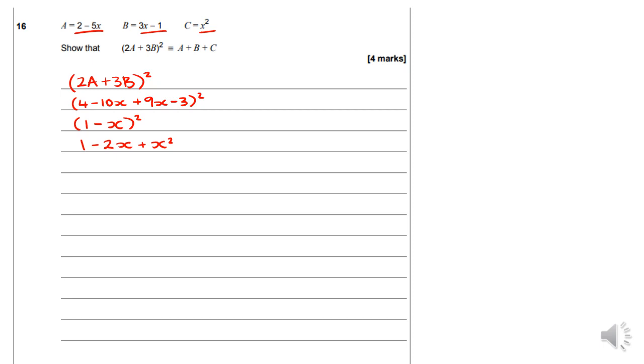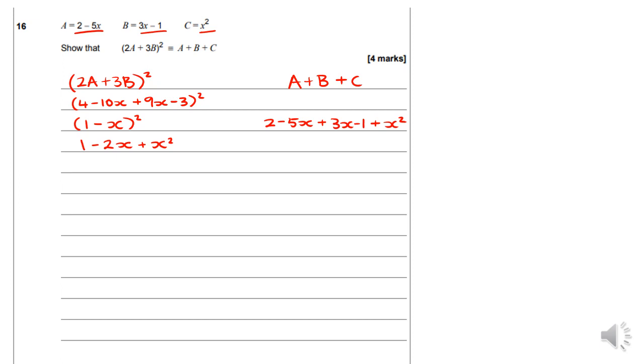Now I'm going to over here try and figure out what A plus B plus C would actually look like, and then hopefully prove that identity. So I've got 2 take 5x. I'm adding to that 3x and negative 1, and I'm also adding to that an x squared. So what do I end up with?